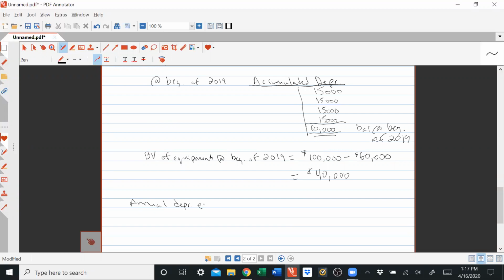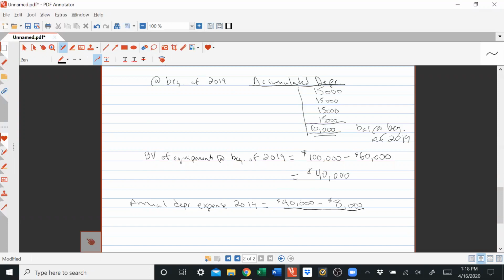So annual depreciation expense for 2019 equals book value at the start of the year minus the revised salvage value.